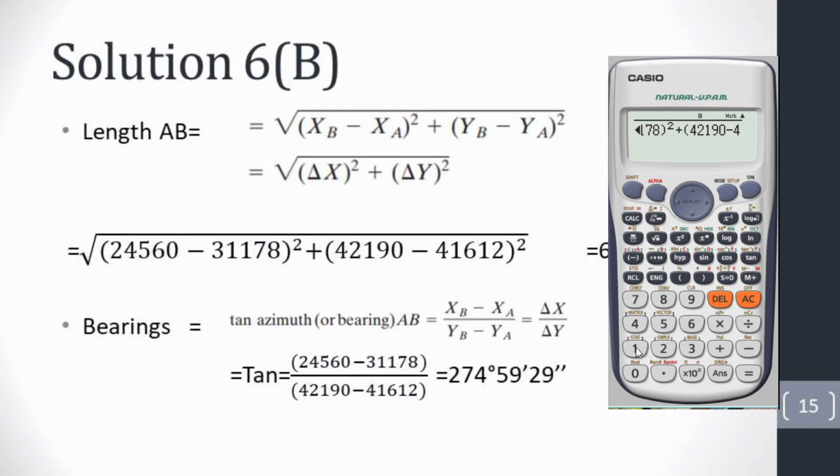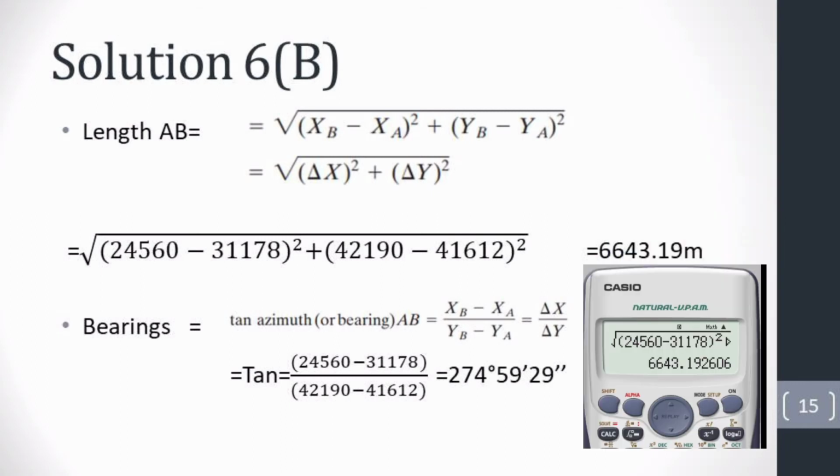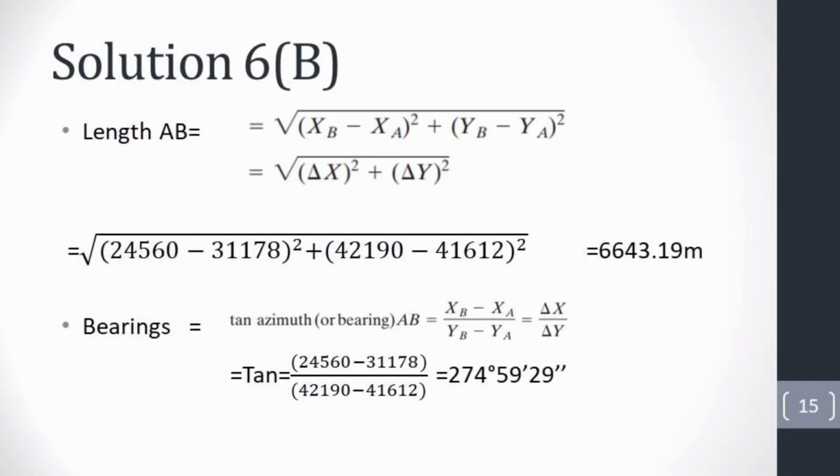By adding the squares of those two and finding the square root as seen there, our distance becomes 6,643.19 meters.